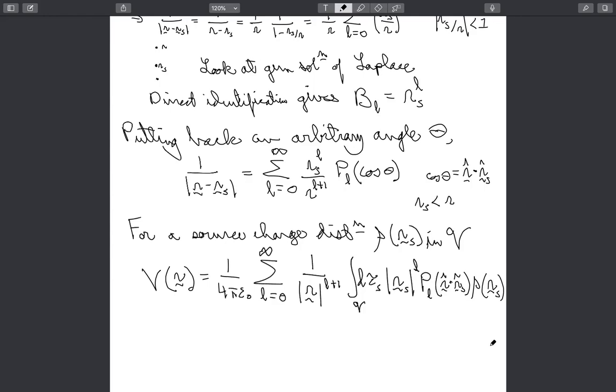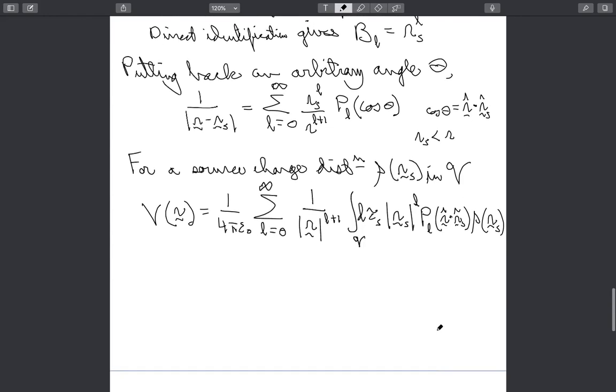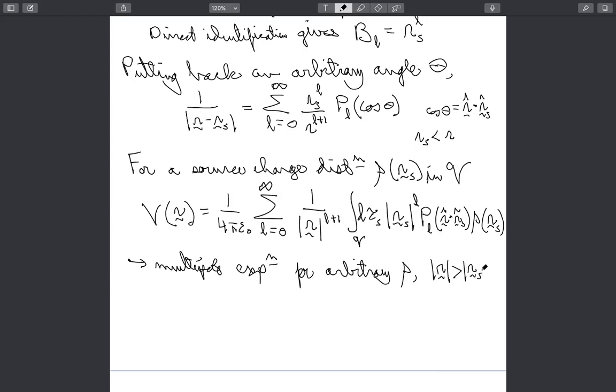Okay, so this is, if you want, the multipole expansion for arbitrary rho, and for a distance which is greater than any source charge distance from the origin.